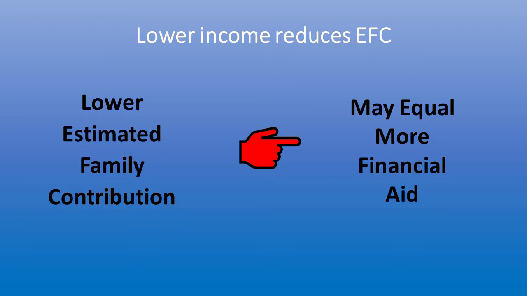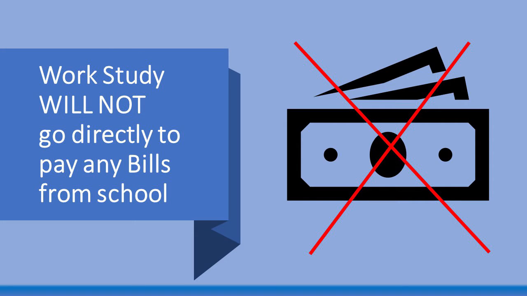So that's why work study is included in the financial aid package. But if you're going to accept this money, keep in mind that this money is not going to go to the student out of the school or go towards any kind of fees that are due on the student account.